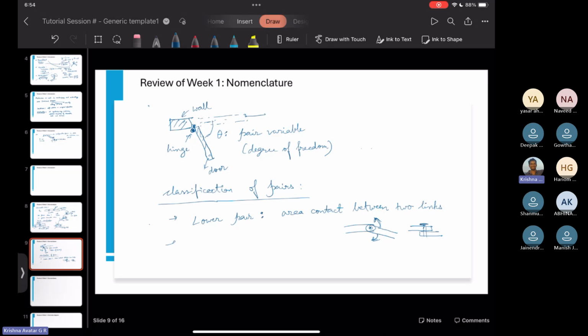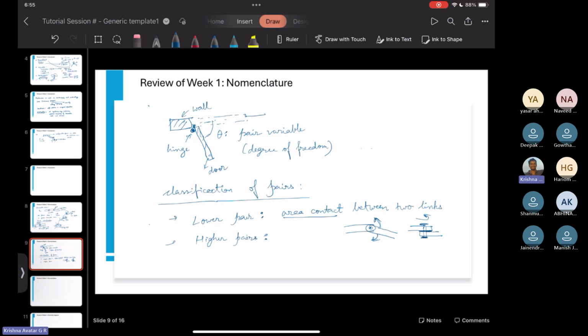Say you have some double nutted bolt, with heads on both sides, and we are able to rotate about the axis of this particular bolt. Then what you see is that this area is under contact, the faces of this link as well as this link are in contact. That's why we call it an area contact, and such kinematic pairs are called lower pairs.